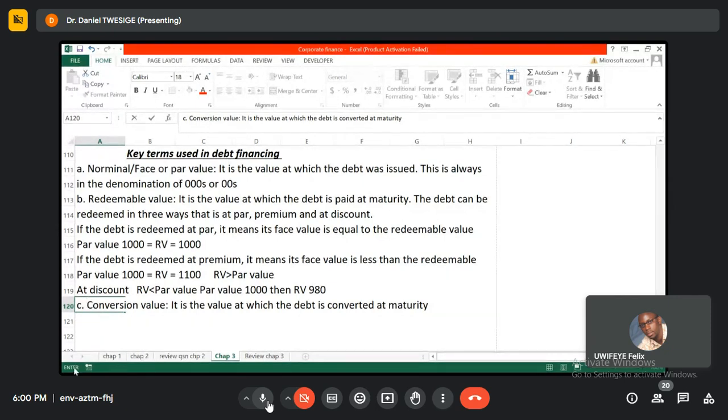And how do you get that value? Our conversion value is going to be equal to the exercise price, or what we call the conversion price, times the conversion ratio.